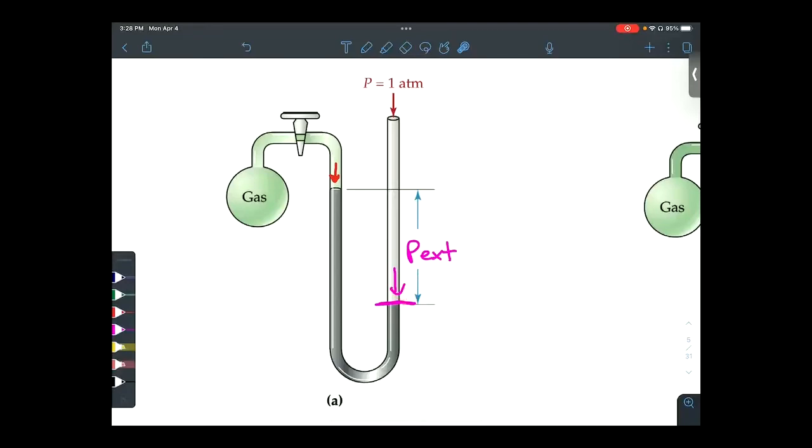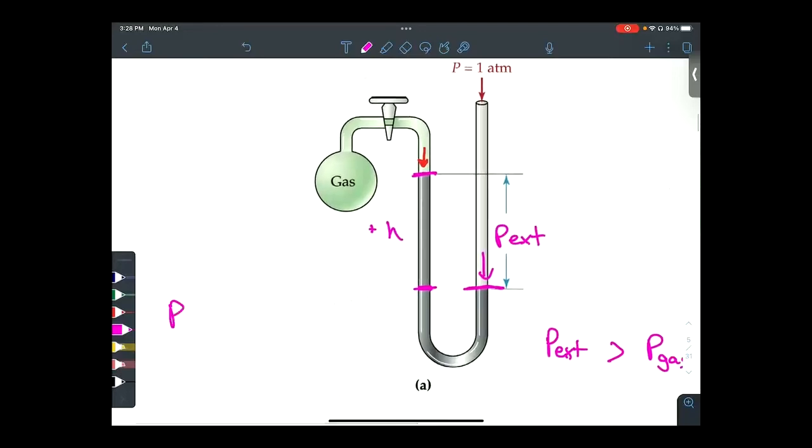So in this picture, the external pressure is larger than the pressure of the gas in A. If we call this column of mercury H, we would say that the pressure of the gas plus the column of mercury H is equal to the external pressure, in this case 1 atm.